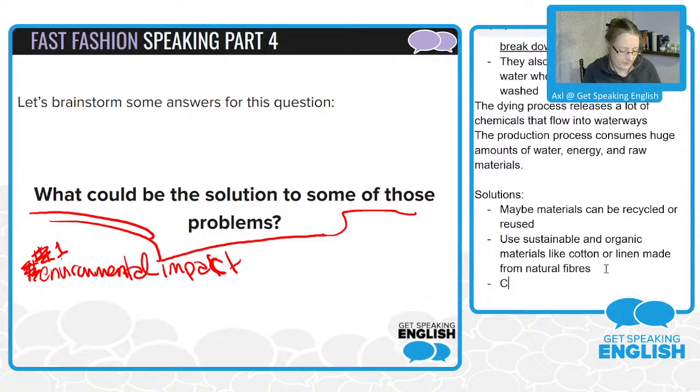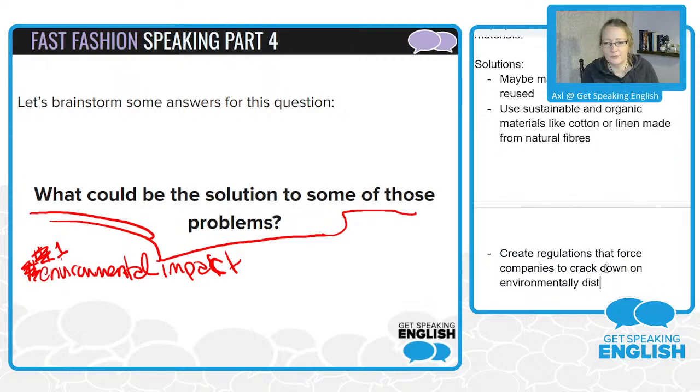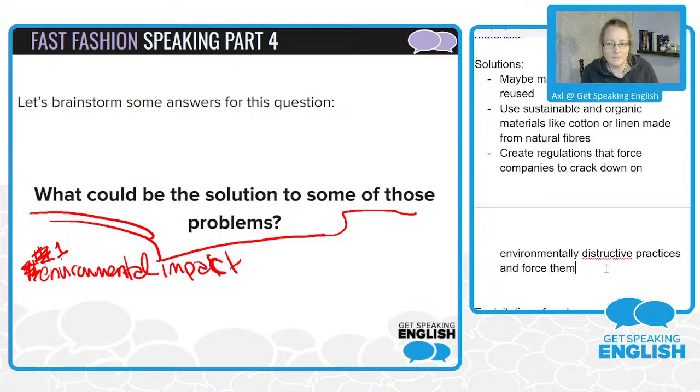So maybe create regulations that force companies to change their practices, to crack down on environmentally destructive practices and force them to make, I don't know, better choices. That's definitely maybe something like that.